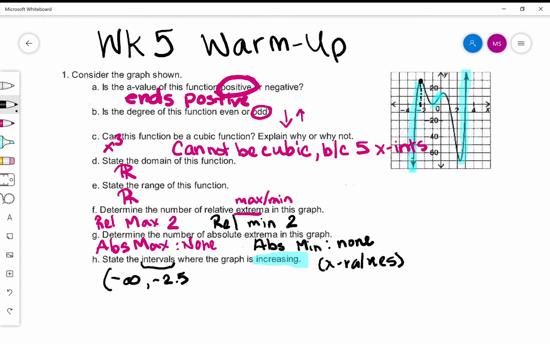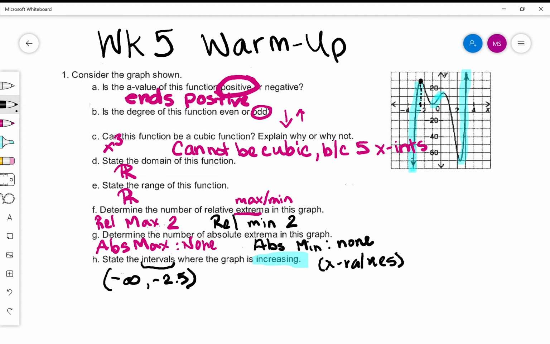And are we including -2.5? Well, if you take a look, that point is the turning point. It's the highest point from its increase, but it's also the starting point of a decreasing interval. So what's great about intervals that are increasing and decreasing, especially in a smooth graph, is that they're all going to be open circles or open parentheses.